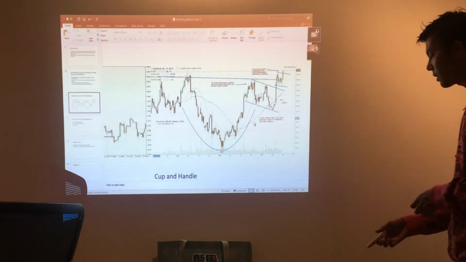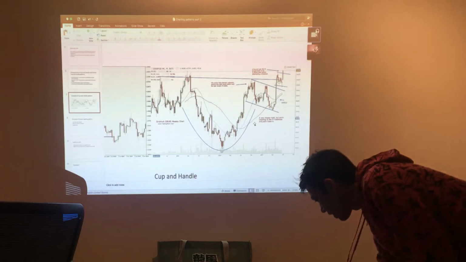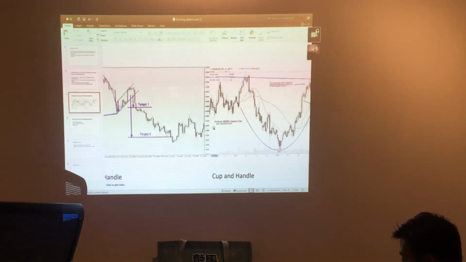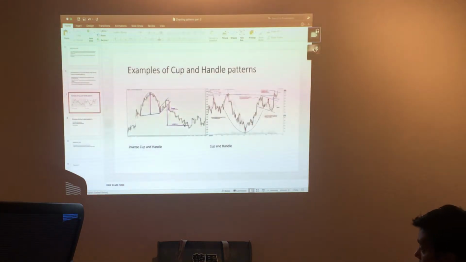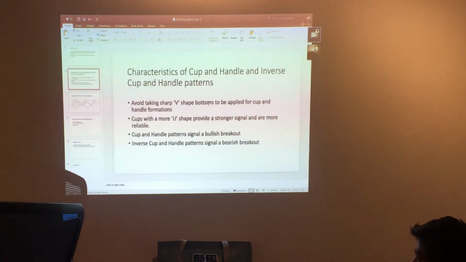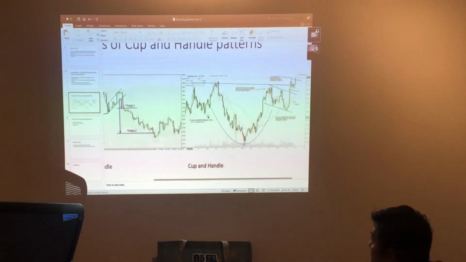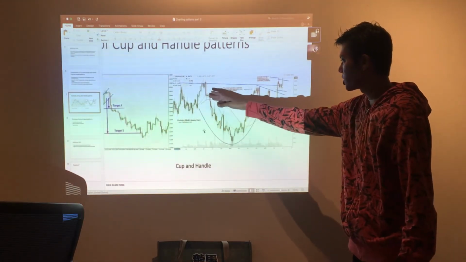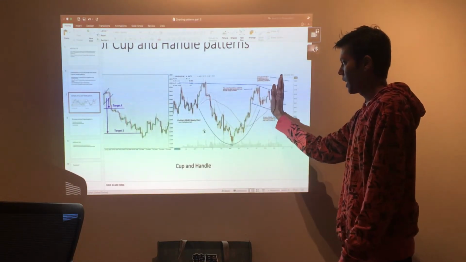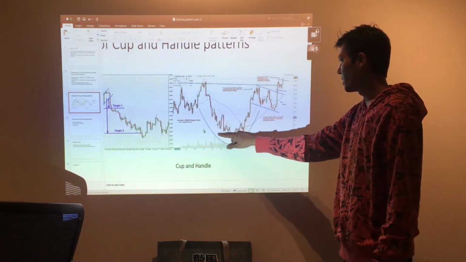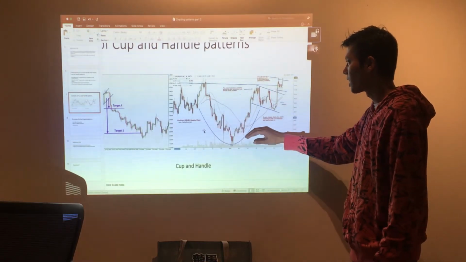I think one of the slides also mentioned that preferably do not go for a V-shaped pattern. So avoid taking V-shaped formations. If you can also see here, it's not a very sharp upwards climb. You can roughly tell there's a curvature happening.